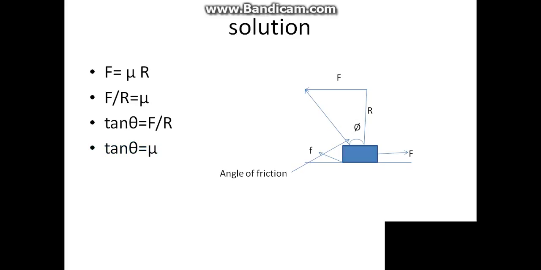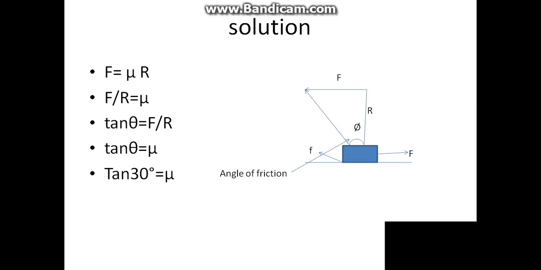Tan theta is still equal to the coefficient of friction. Therefore, tan 30 is equal to the coefficient of friction.